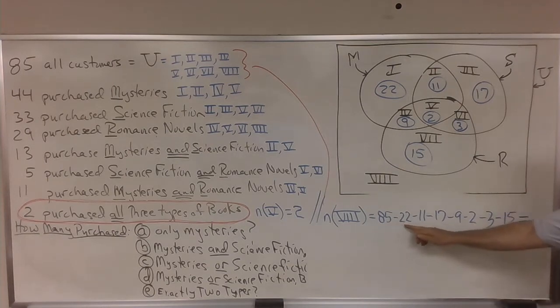85 minus 22 is 63. Minus 11 is 52. Minus 17 is 35. Minus 9 is 26. Minus 2 is 24. Minus 3 is 21. Minus 15 is 6.